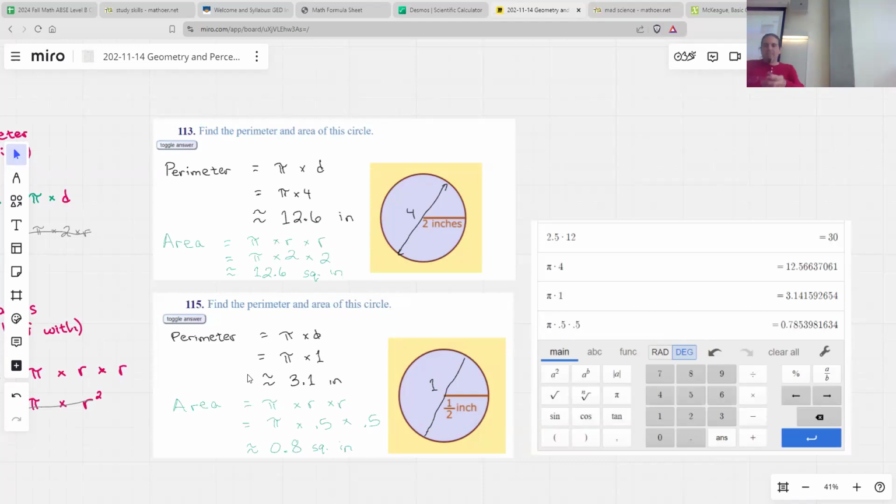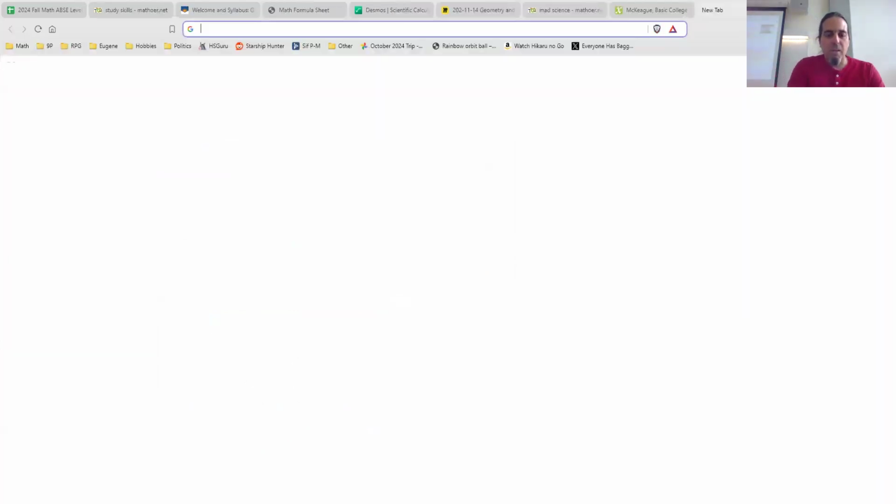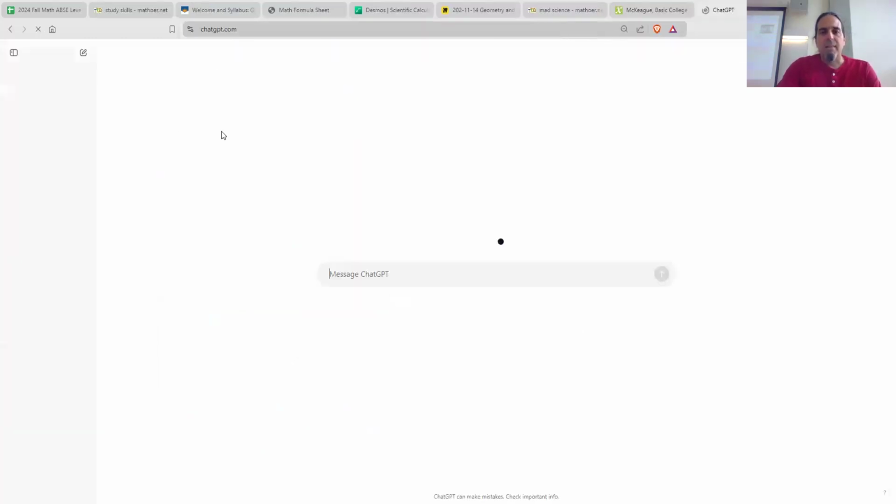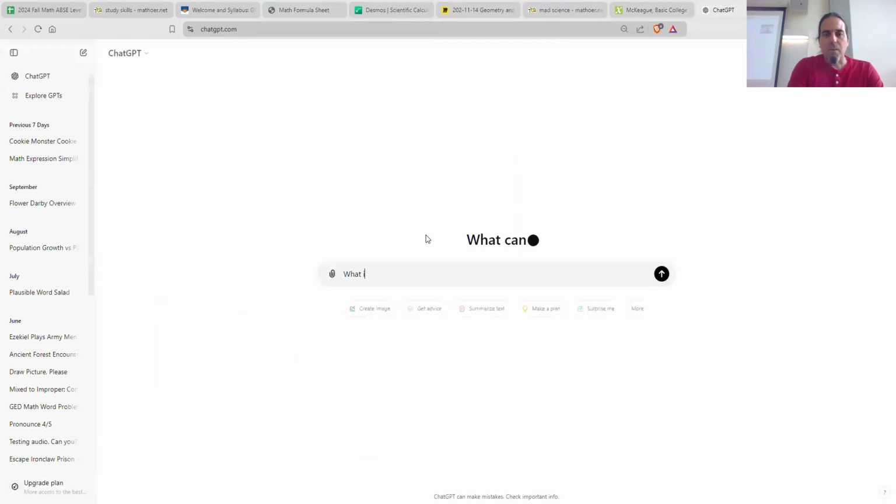Okay. So that is not in. So I could open up ChatGPT and say, what is the perimeter of the circle whose radius is 0.5?